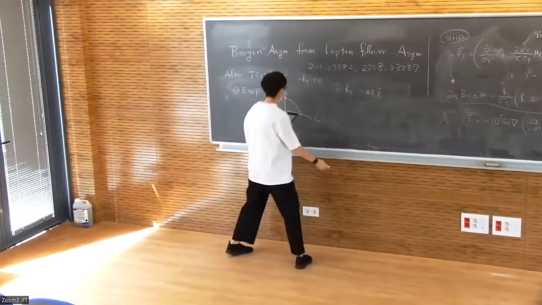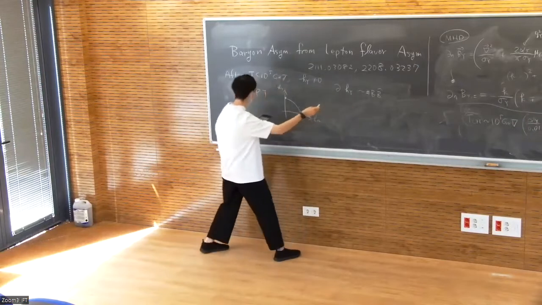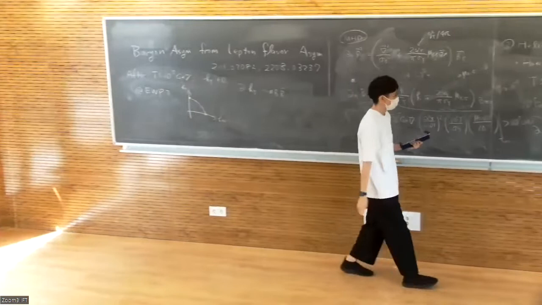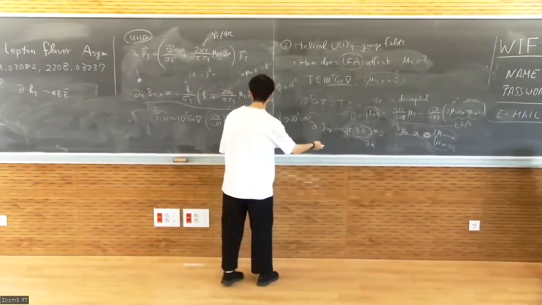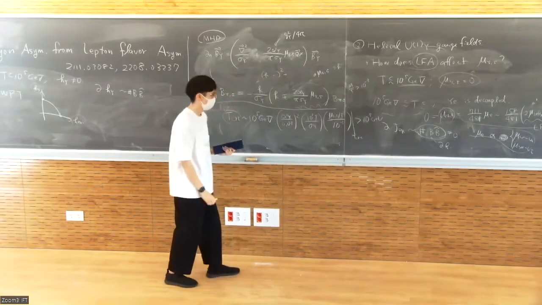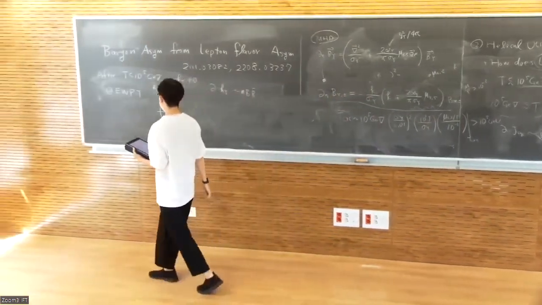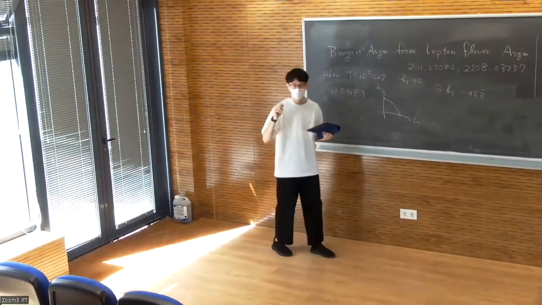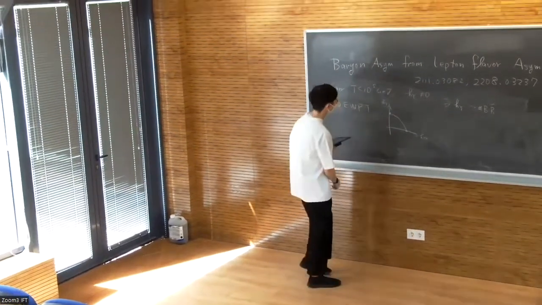I'm probably running out of time. At the electroweak phase transition, let me just repeat the same thing. Suppose that this happens, and mu5 divided by temperature is larger than 10 to the minus 3. Then you get a non-vanishing magnetic field, and at the same time, non-vanishing right-handed electron asymmetry.